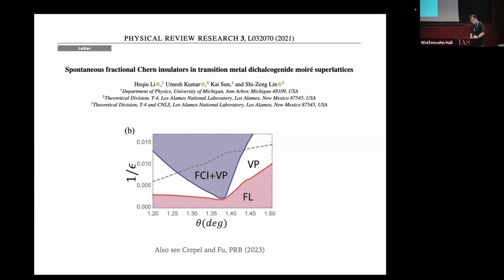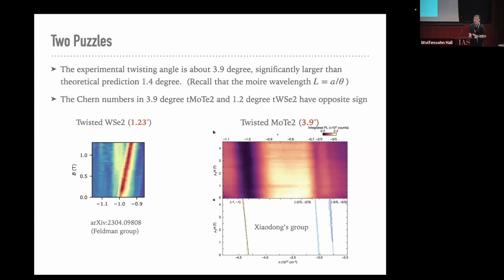So now everything seems to be set up. The only thing needed is for Xiaodong to ask a student to spend 200 hours in the lab making a device, right, and see what's going to happen. But there are in fact two puzzles. The very first one is that the experimental twist angle is about 3.9 degrees, right?